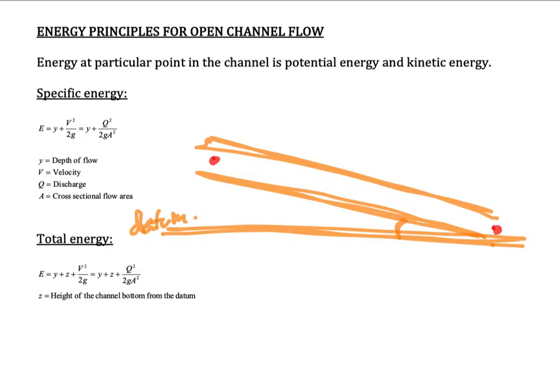You cannot only calculate the height of this one, but you need to add the height of this one, because this height will reflect the total potential energy that exists in the flow. That's why we call it the total energy.